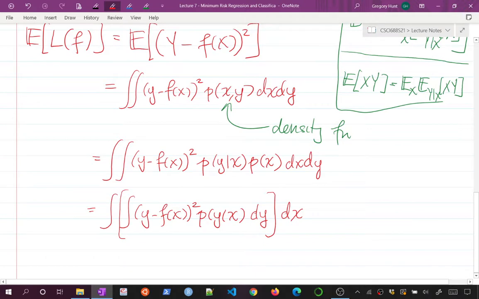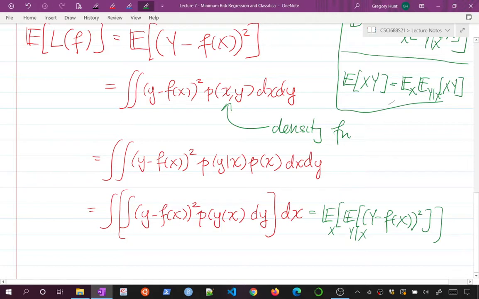The aside is that this is the expected value of y minus f of x quantity squared given x. So the inner integral is with respect to y given x, and the outer integral, or outer expectation, is with respect to x.